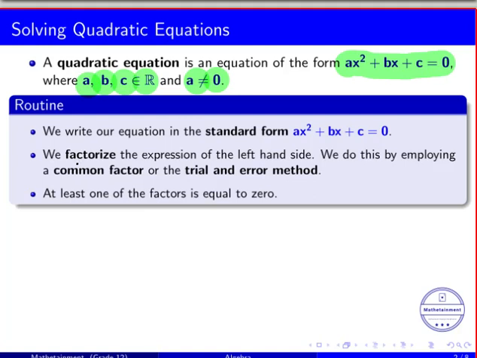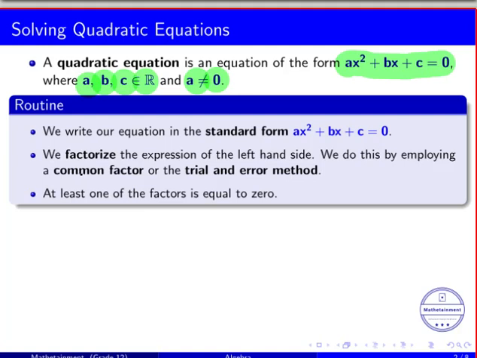So I'll just be straightforward here. A routine towards solving quadratic equations is as follows. First, we write our equation in the standard form, which is ax squared plus bx plus c equal to 0. That is our standard form.